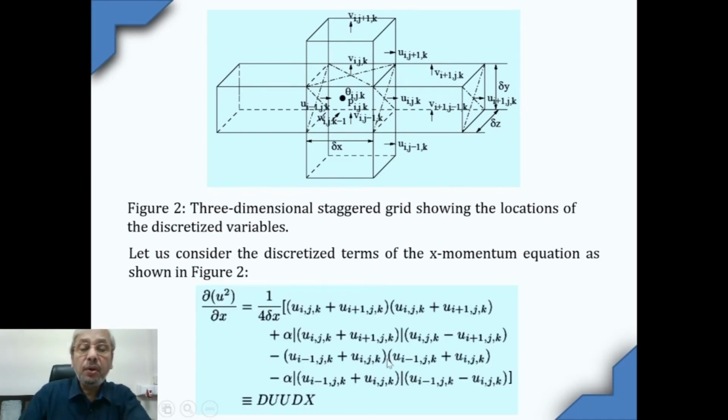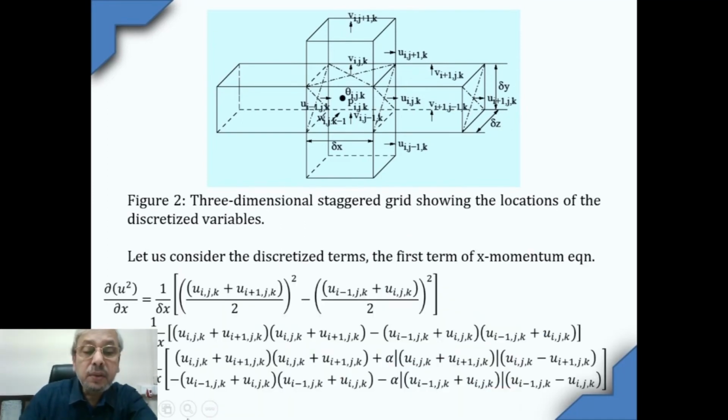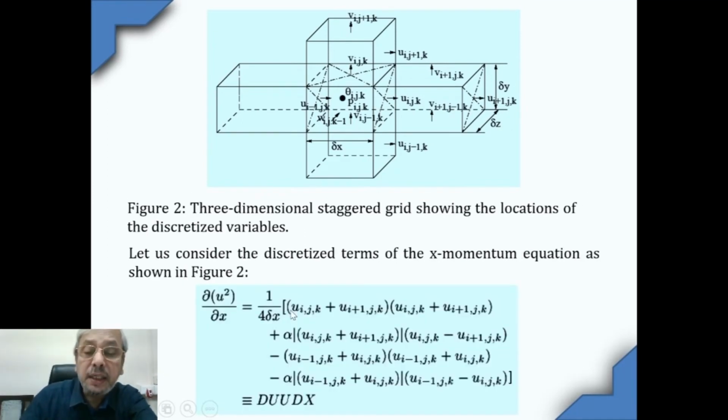Now, this is what we have done. We are writing this discretized form again and giving it a variable name. We are defining this as duu dx, simply ddx of u square.